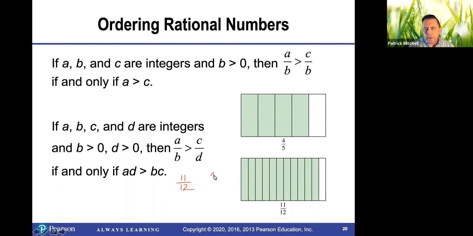And then if I look at those cross products, 11 times 5 is 55, and 12 times 4 is 48. So since 55 is greater than 48, that means 11/12 is greater than 4/5.